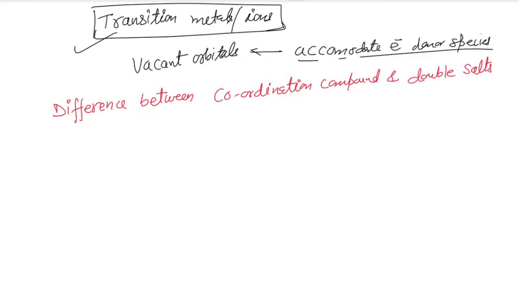For example, let us take potassium sulfate mixed with aluminium sulfate and slightly heated.